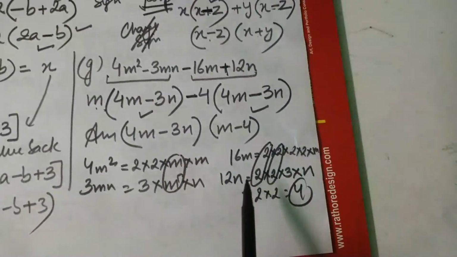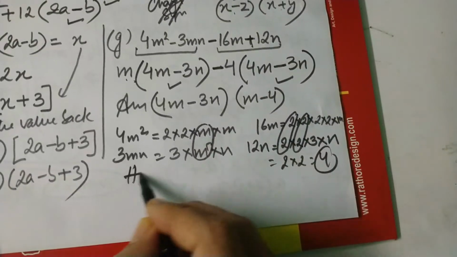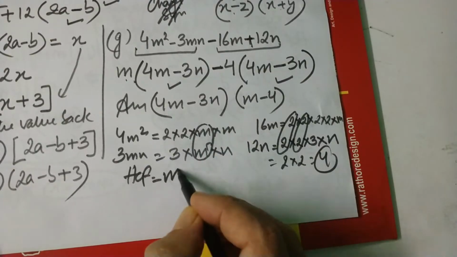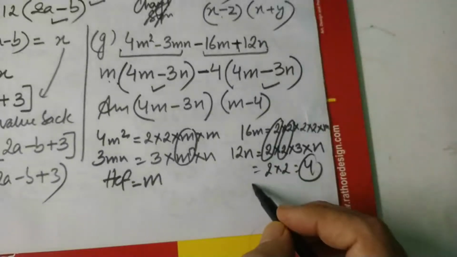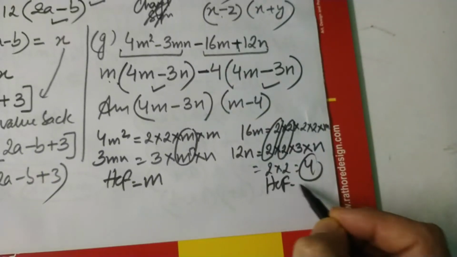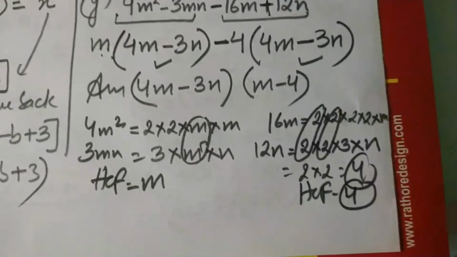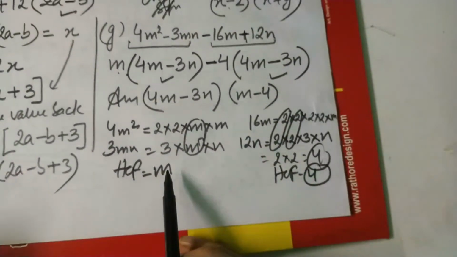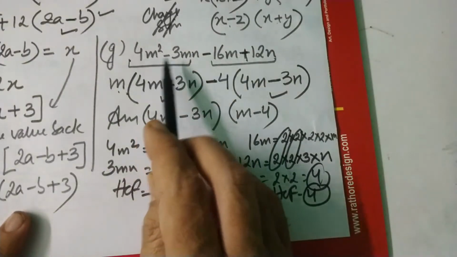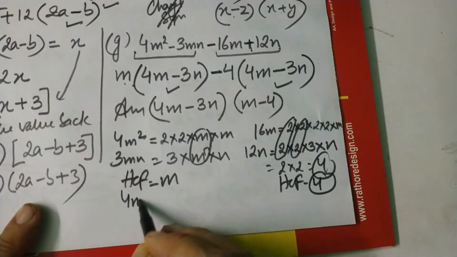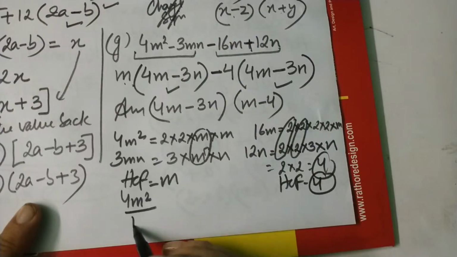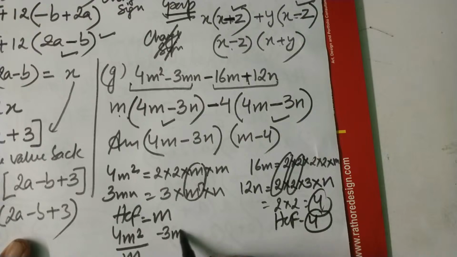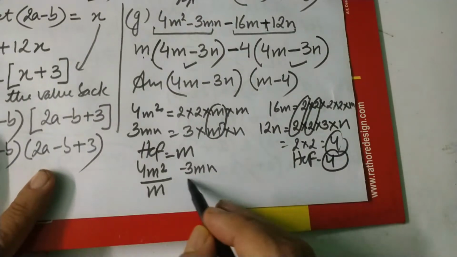4 common. Now 16m minus 12n. What do you do after finding HCF? Here the HCF came m. And here the HCF came 4. What to do with this HCF? This HCF m will divide both the numbers. So 4m square upon m, and minus 3mn divided by m.